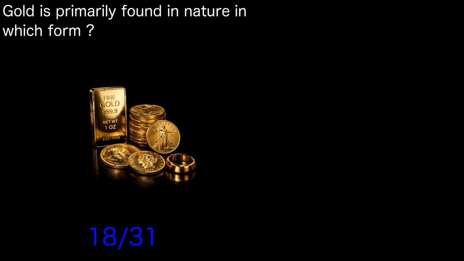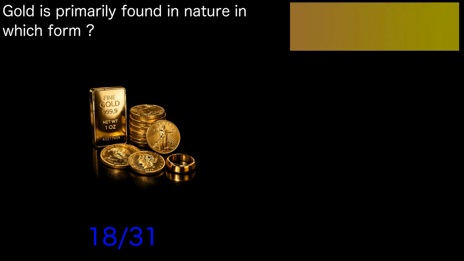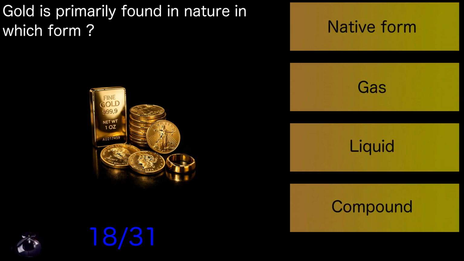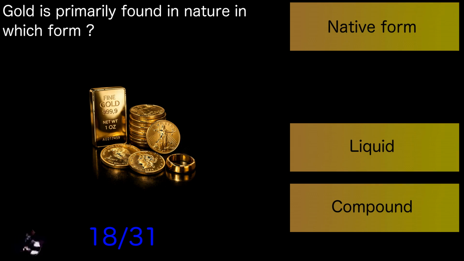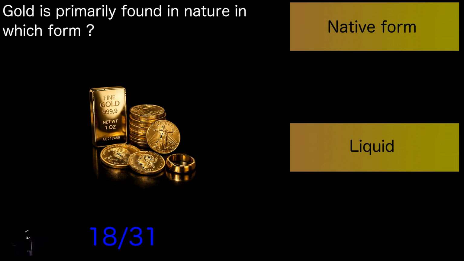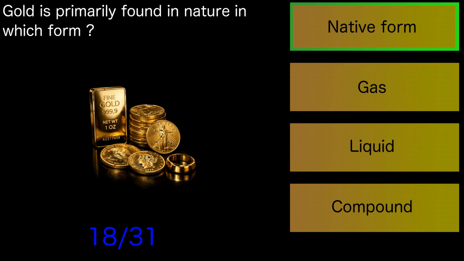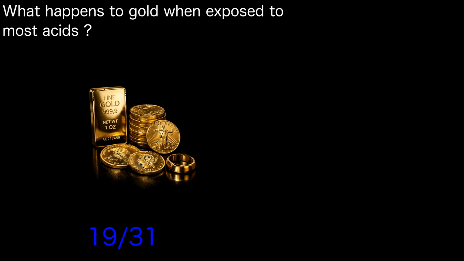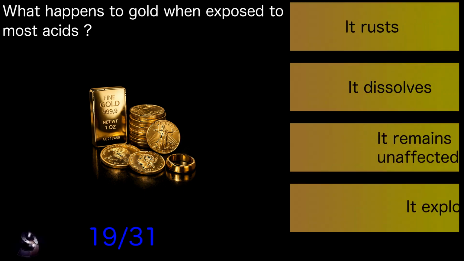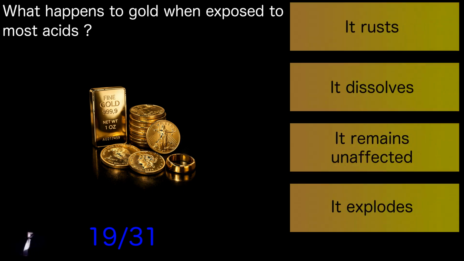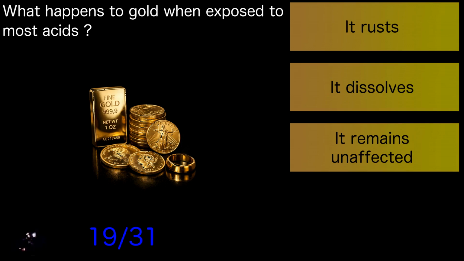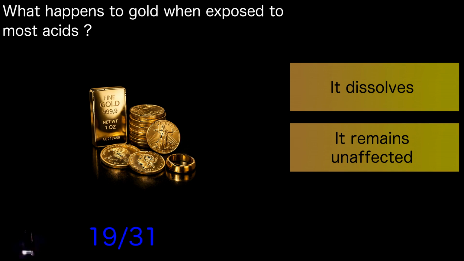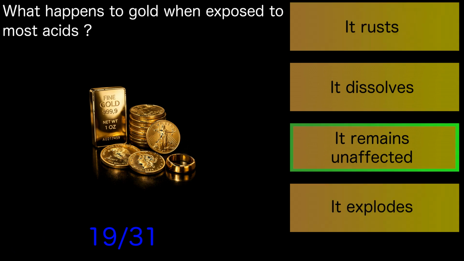Gold is primarily found in nature in which form? Native form. What happens to gold when exposed to most acids? It remains unaffected.